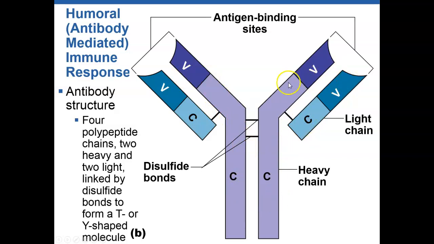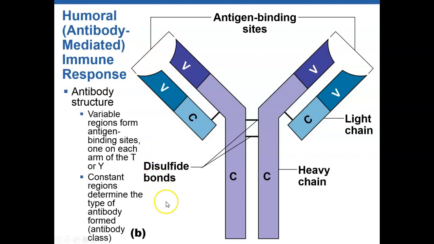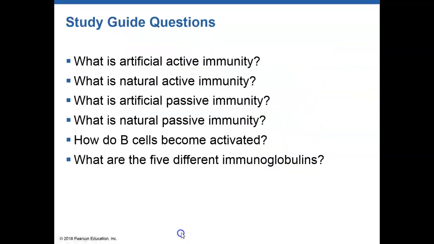They have 2 chains called heavy chains and 2 chains called light chains. It's the variable region that has the antigen binding portion on it. The constant region of any given antibody is going to stay the same, but the variable region will vary from one type of antibody to the next.